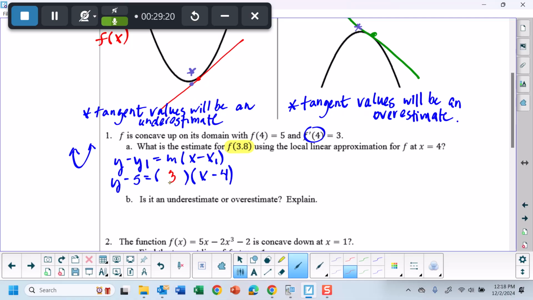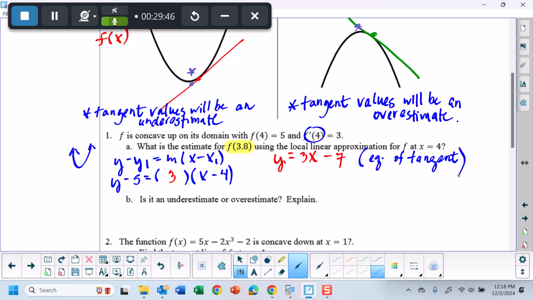So there's the equation of my tangent line, where y is equal to 3x minus 12 plus 5, which is minus 7. So this ends up being my equation of my tangent line.